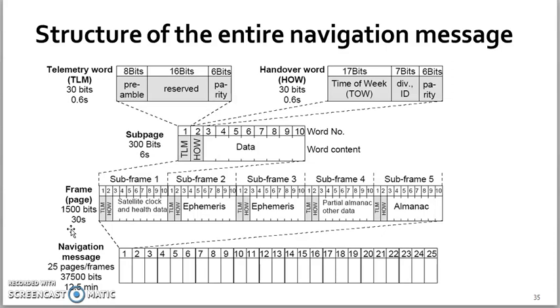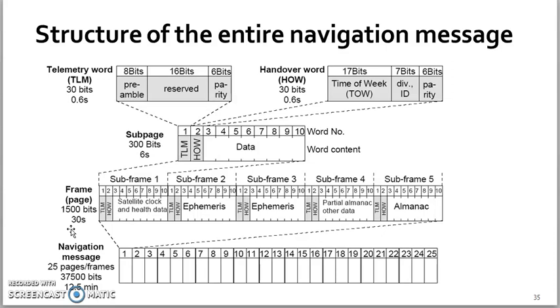Suppose you see the semi-major axis of an orbital ellipse: in that case 32 bits are required for the ephemeris, and for the almanac 16 bits are required. Then eccentricity of the orbital ellipse: 32 bits for ephemeris and 16 bits for almanac data.